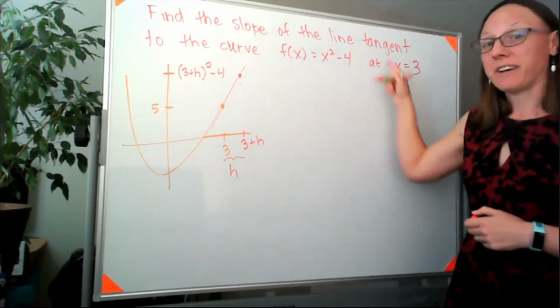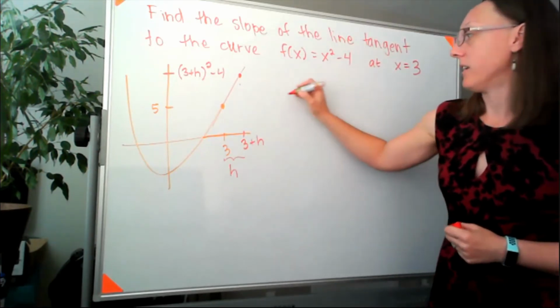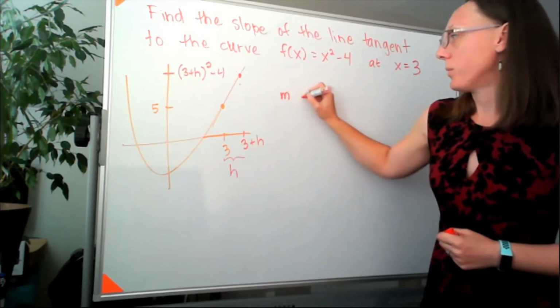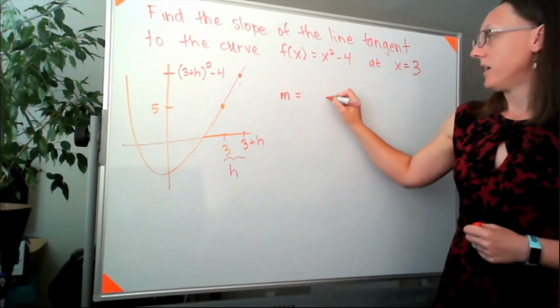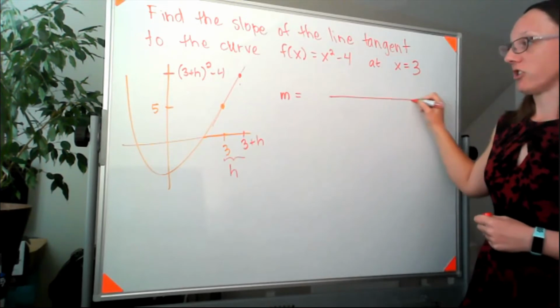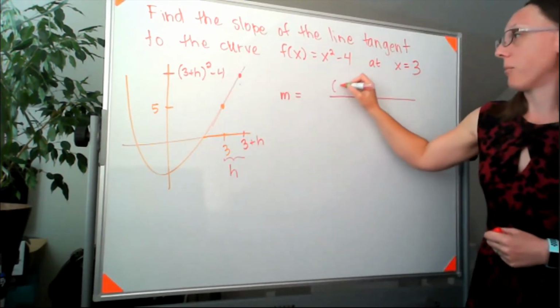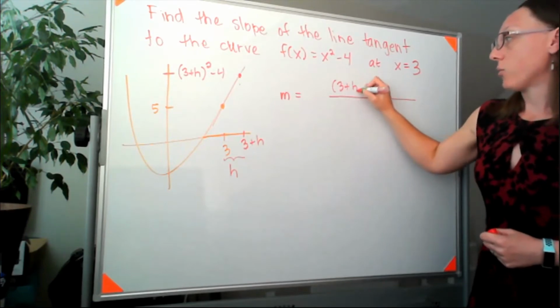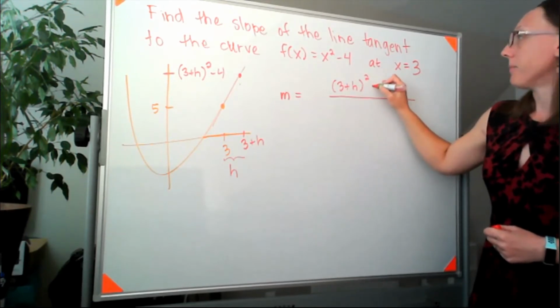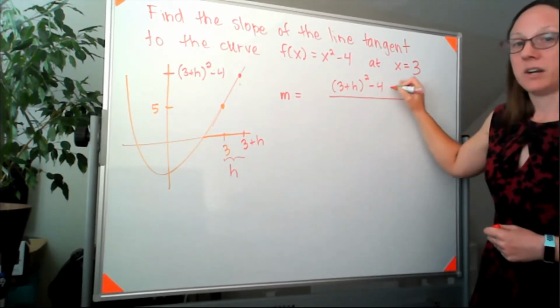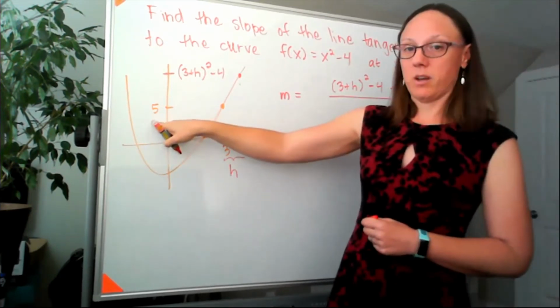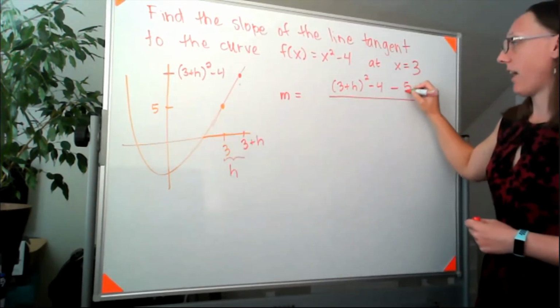So if I'm going to find the slope of that tangent line, that slope is going to come from the change in y over the change in x. So my y values go from (3 plus h) squared minus 4, minus my other y value here of 5.